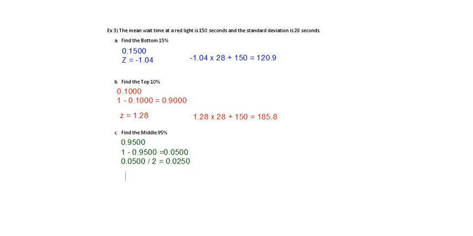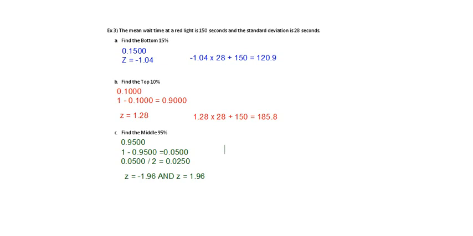And the z-score for that is going to be negative 1.96. But don't forget, if you ever do a middle question, you have to have two z-scores, negative and positive. So our z-scores are negative 1.96 and positive 1.96. We're going to have two answers. So here's what it looks like.